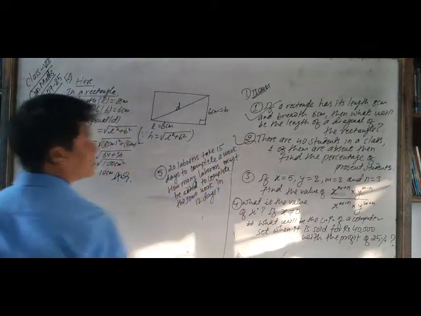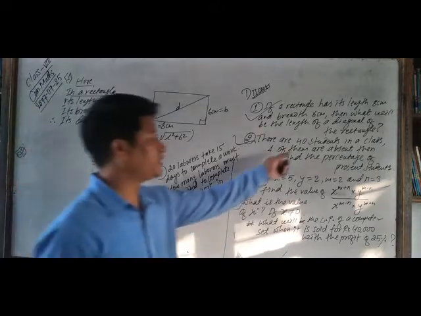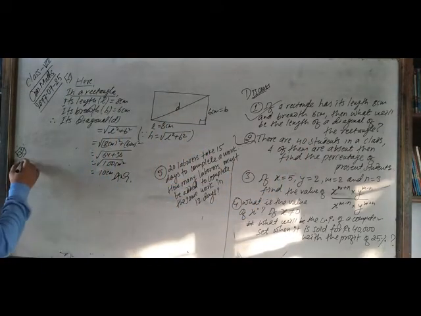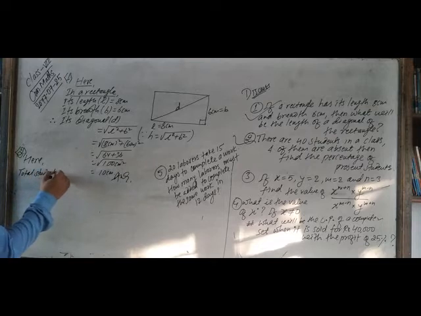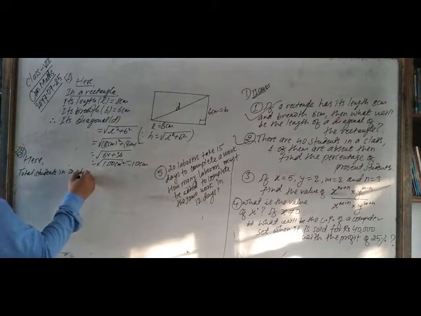Okay, next, question number 2. Look here, question number 2. There are 40 students in a class. Total students in the class is given, that is 40, and 4 of them are absent.